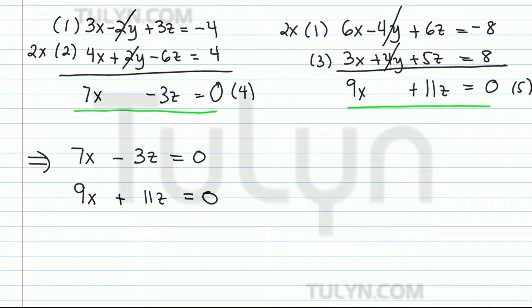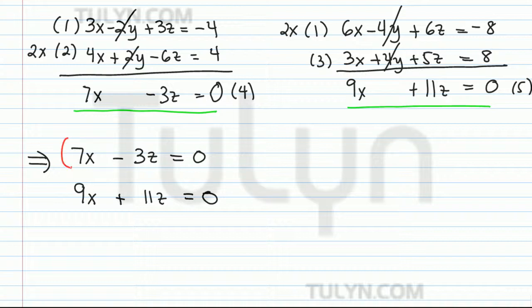Now we want to cancel out one of the variables. Usually you pick the one with the smallest coefficients, although these seem to give us the same amount of work. But notice that the z's, one's negative and one's positive already, so I'm going to pick the z's.